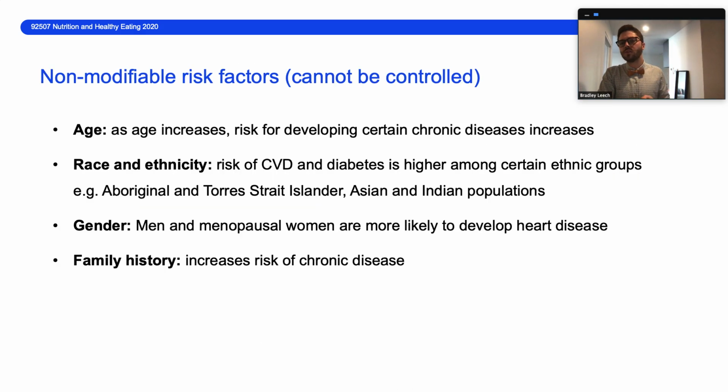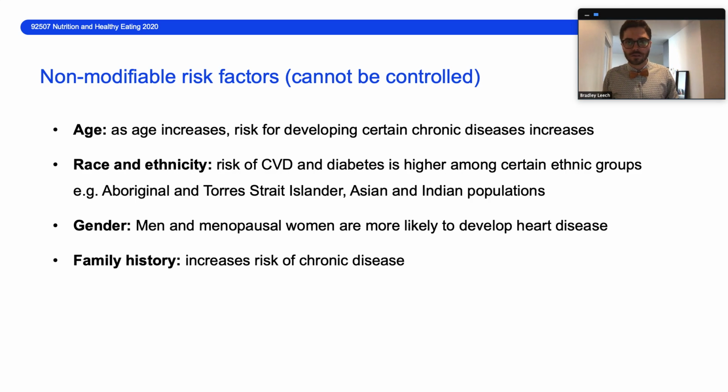So you've got things called non-modifiable risk factors. These are particular factors which are associated with chronic diseases, but you can't actually change. Now, the first example is age. You can't change age, and thereby it's a non-modifiable risk factor, right? As you age, the risk of developing particular chronic diseases increases.